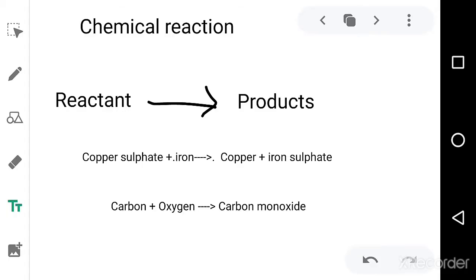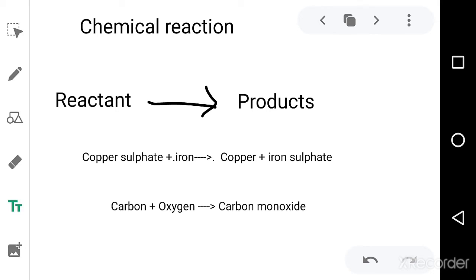Next topic is chemical reaction. Till now we have learned about atoms, molecules, elements, compounds, mixtures, but behind this is chemistry. So chemistry consists of chemical reactions.